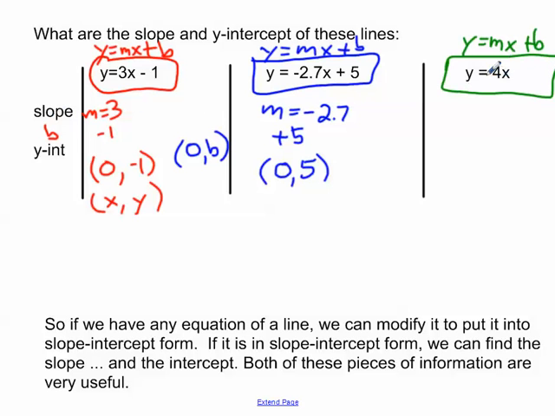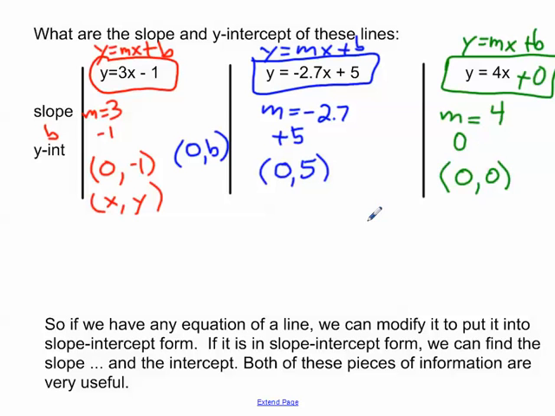Slope is the number that's in front of the x, so slope m equals 4. What's my b term over here? It was -1 here, b is +5 here. What's the b that's right here? It's unwritten, so it has to be +0. There's where our b is 0. So therefore, the y-intercept happens when x is equal to 0, and our b here is 0 for this specific line.